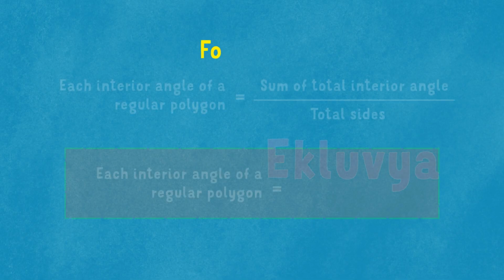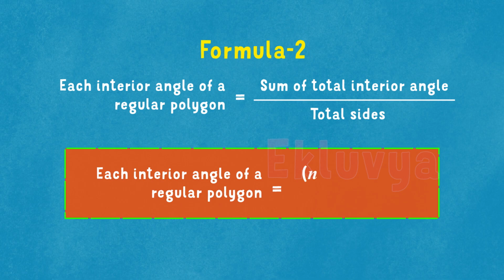So, for any regular polygon of n sides, the total angle is (n-2) times 180 degrees. Since all angles in a regular polygon are equal, we divide the total sum of angles by n, the number of sides. So, dividing (n-2) times 180 degrees by n, we get each angle in an n-sided polygon as (n-2) times 180 degrees divided by n.